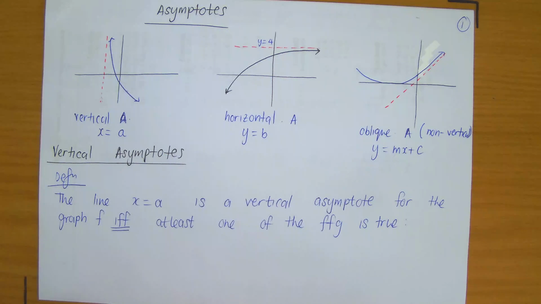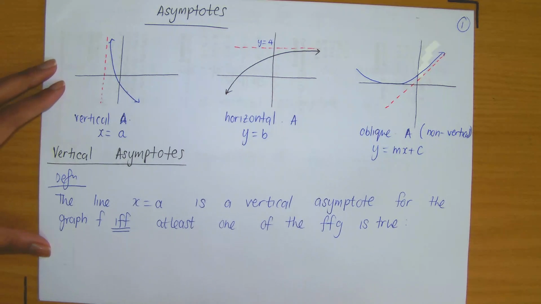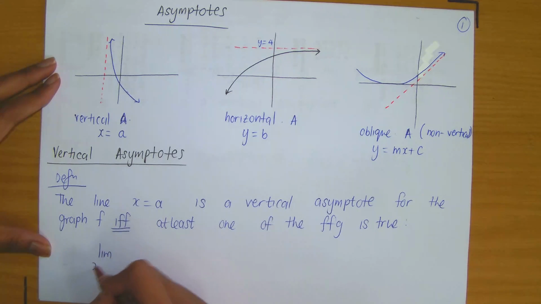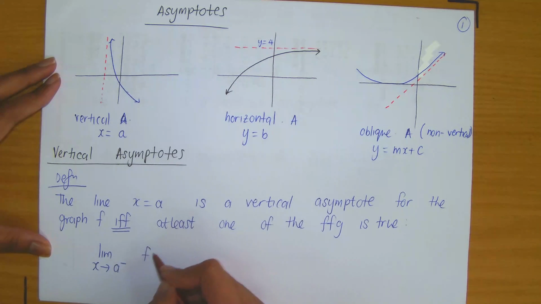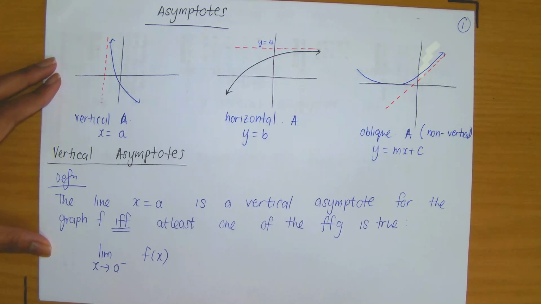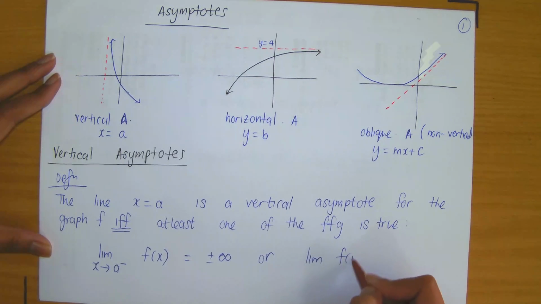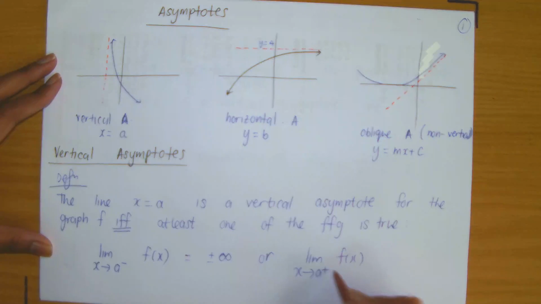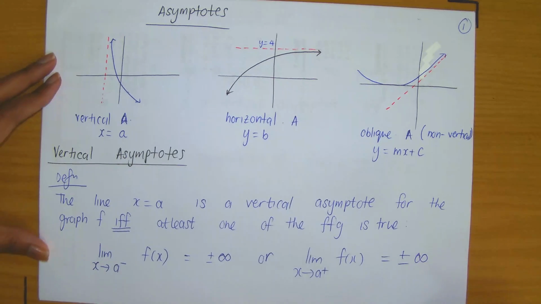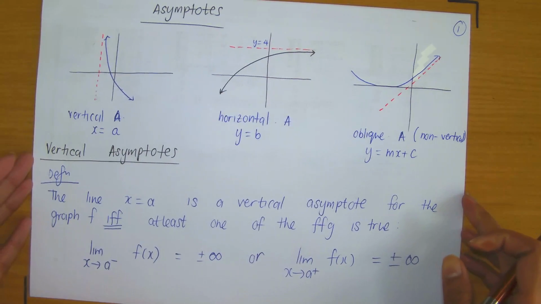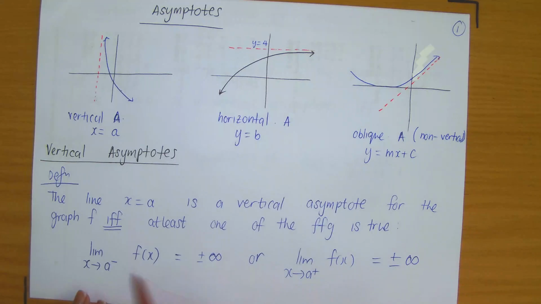The line x equals a is called a vertical asymptote of your graph if and only if one of the following is true: the limit of your function as x approaches a from the left is either equal to positive or negative infinity, or the limit of f of x as x approaches a from the right is equal to positive or negative infinity. This is sort of the checking criteria, but of course in order to check that this is true you would have had to guess what a should be.